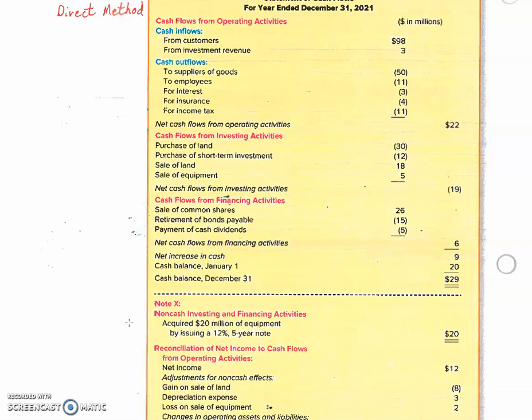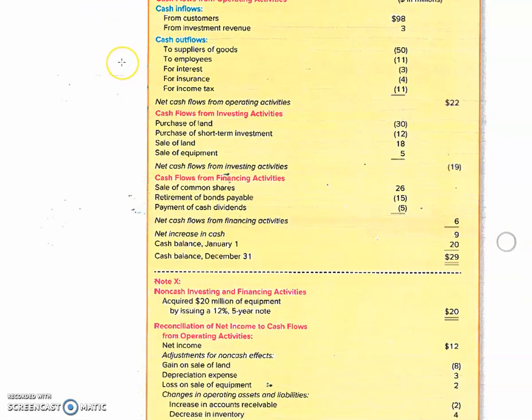Okay, now the answer is the FASB has said the direct method is the preferred method. The reason they've said that is a lot of financial institutions have said that they prefer the direct method. It provides them information about cash flows from customers and cash outflows, exactly where that cash flows. So that's the preferred method.